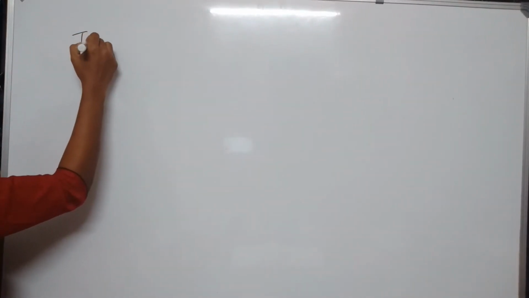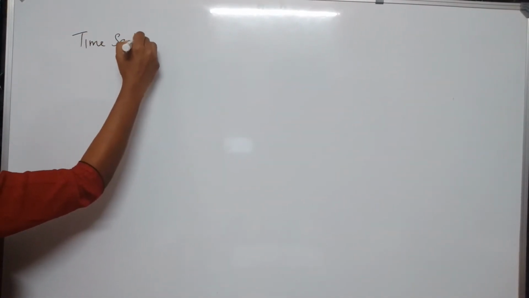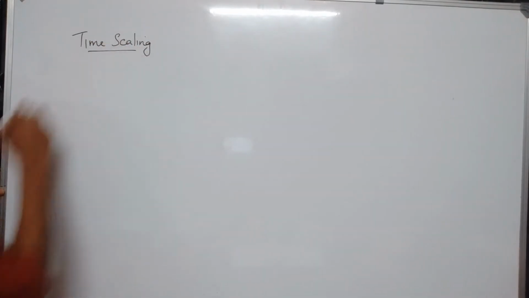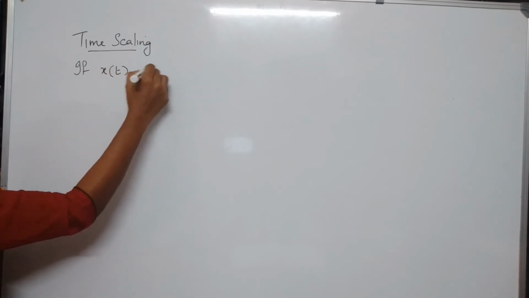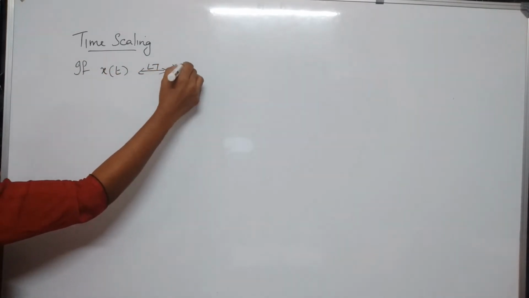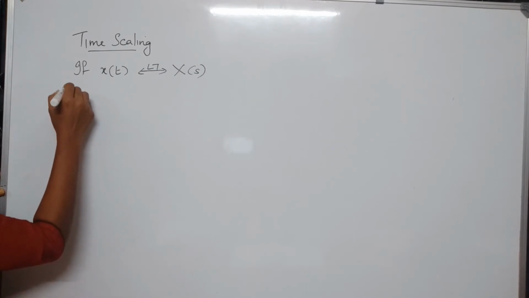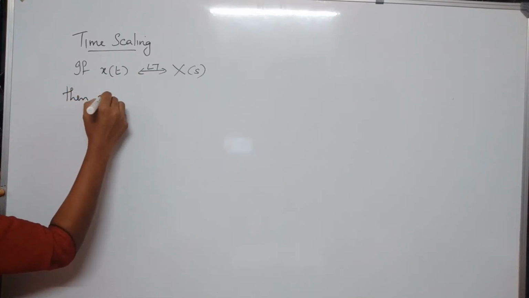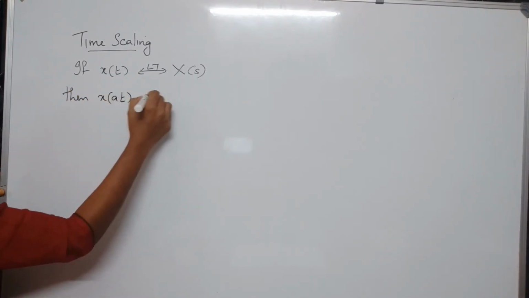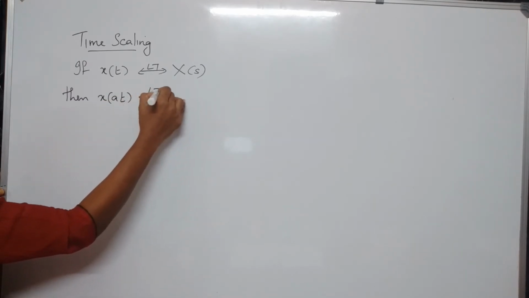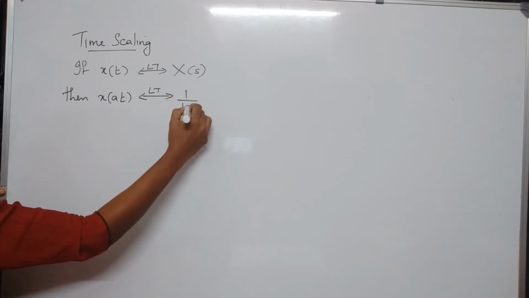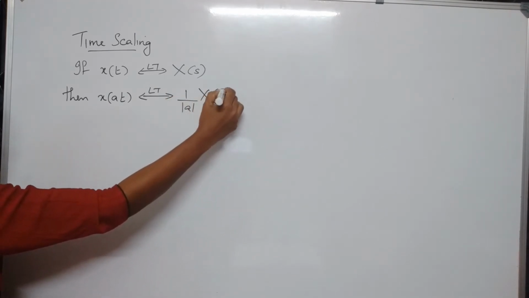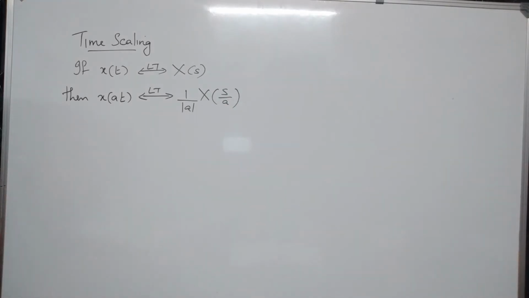Now another property is time scaling. If x of t Laplace transform is X of s, then x of at Laplace transform is 1 by modulus a X of s by a.